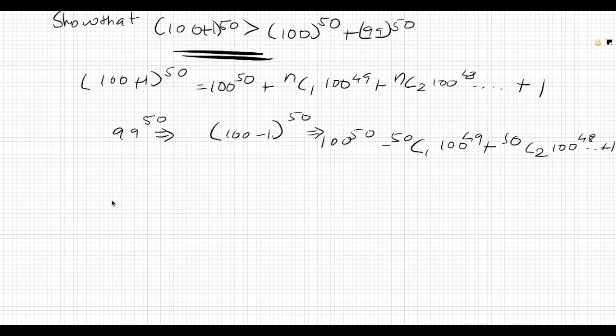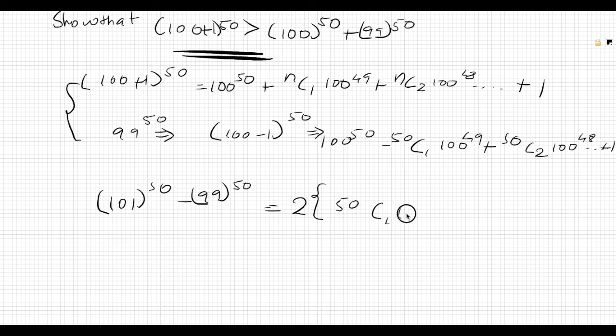Now 101 to the power 50 minus 99 to the power 50 is basically, on substitution, when you subtract these two, you get twice of 50C1 100 to the power 49 plus 50C3 100 to the power 47 and so on.